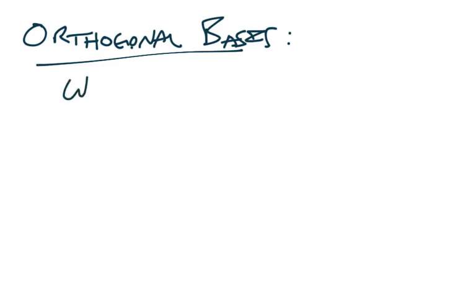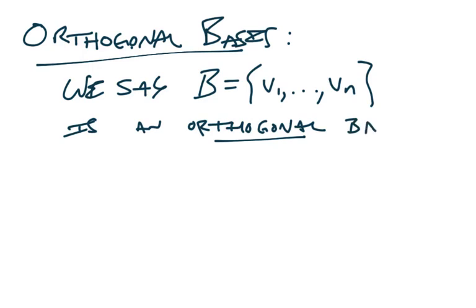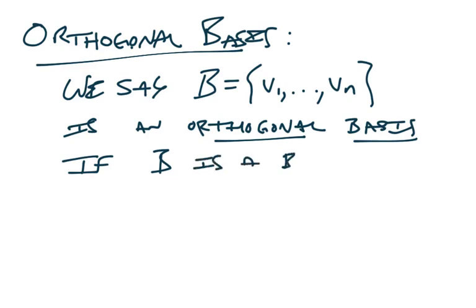We're going to say that the collection B, which is the collection of vectors v1 through vn, is an orthogonal basis if B, of course, is a basis to begin with. It's got to be a basis first.